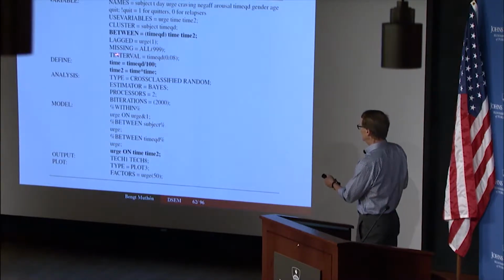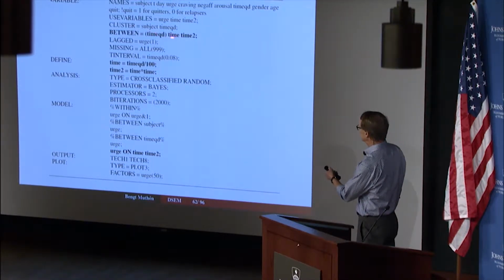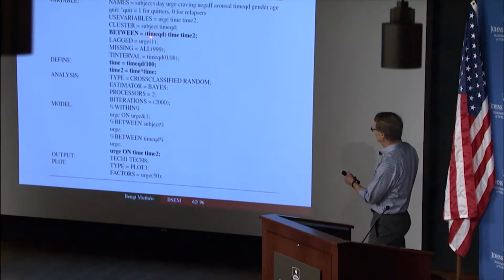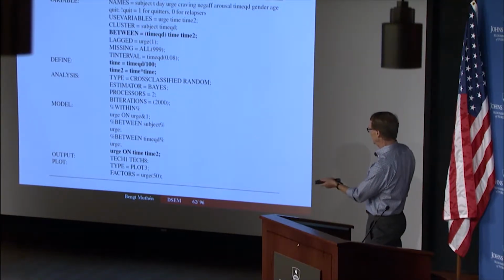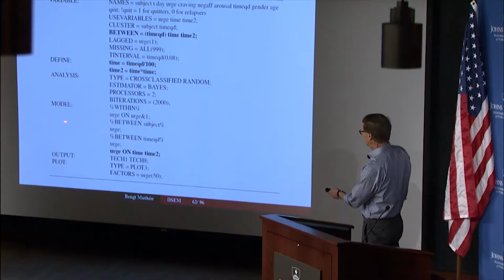But those are variables we're going to use in the model, and therefore we have to declare which level they vary across. And we're going to say that time and time 2 are going to vary on the time level, time QD, the between time level, which is down here, right? Between time, that's where those variables appear. Not for the between subject, but between time.